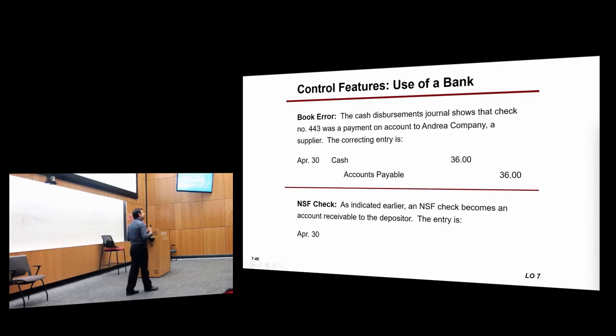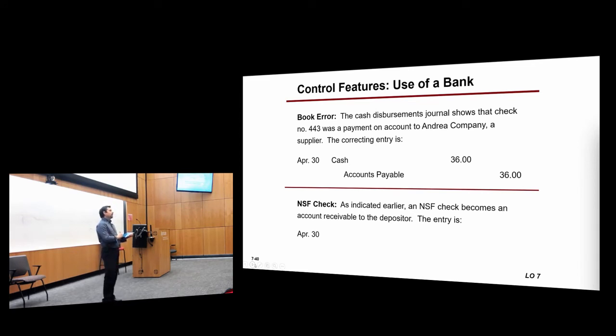The company thought they paid more debts. However, it turned out that they did not pay as much debt as they thought. As a result, they had more cash, but they also had more liabilities, more accounts payable. So we need to increase both. We credit the liability to increase it.